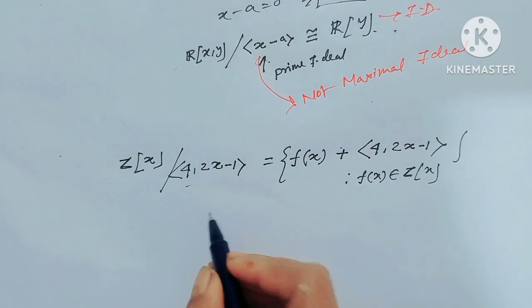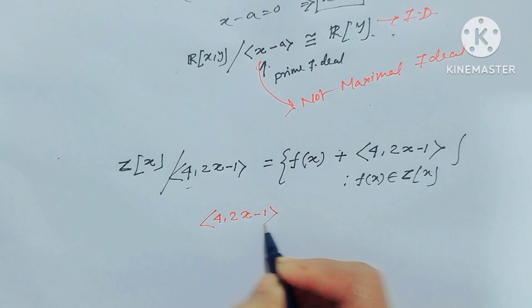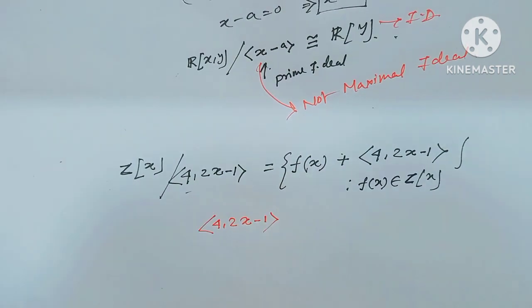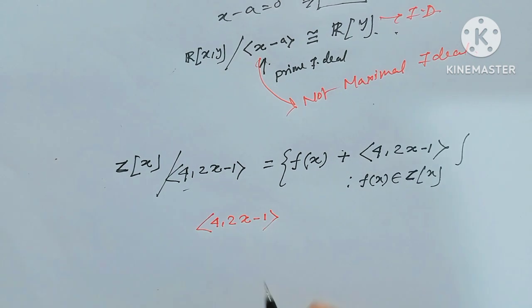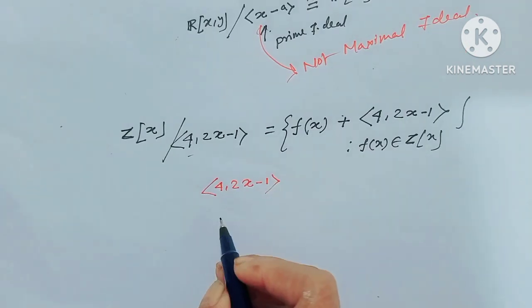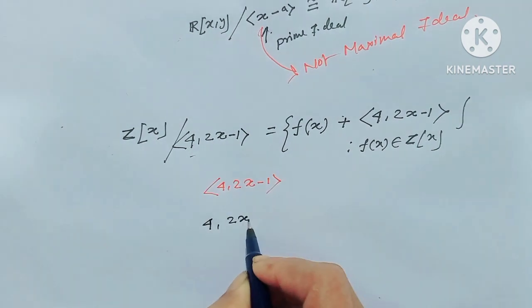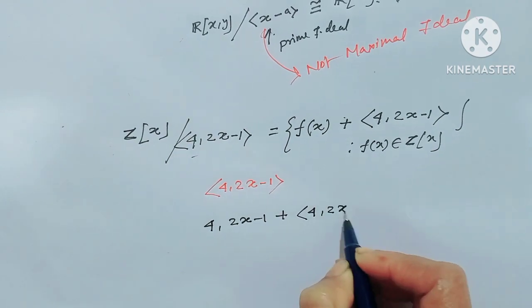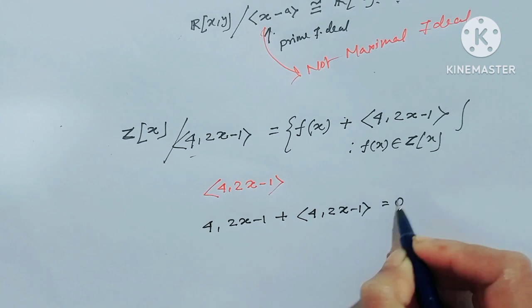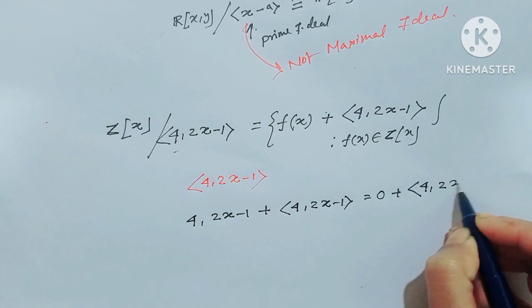Similar to before, the ideal generated by 4 and 2x minus 1 means we can write 4, 2x minus 1 plus the ideal equal to 0 plus the ideal generated by 4 and 2x minus 1.